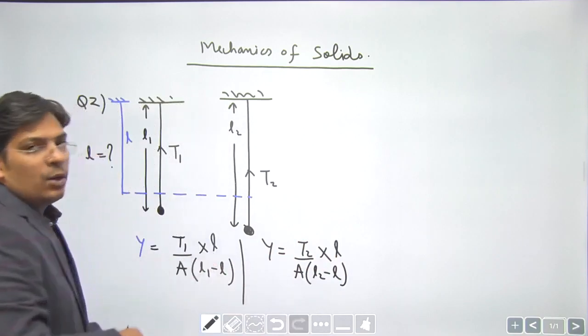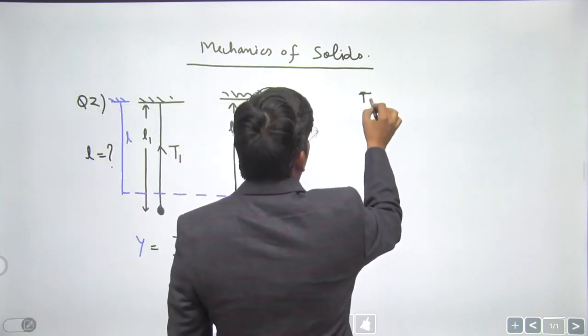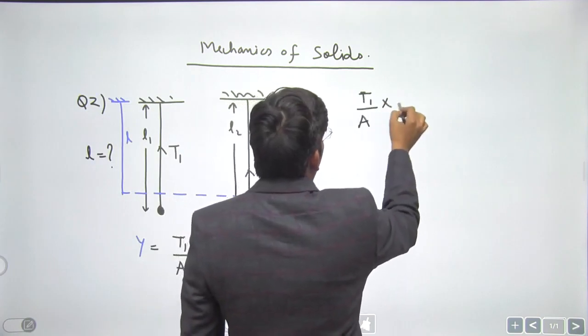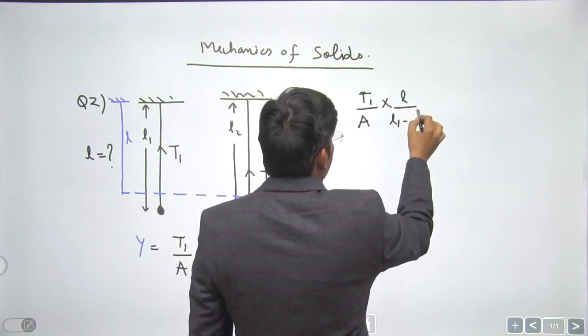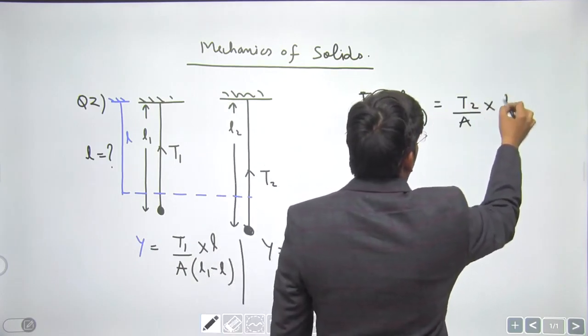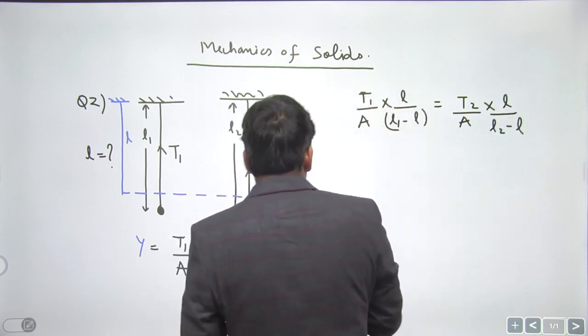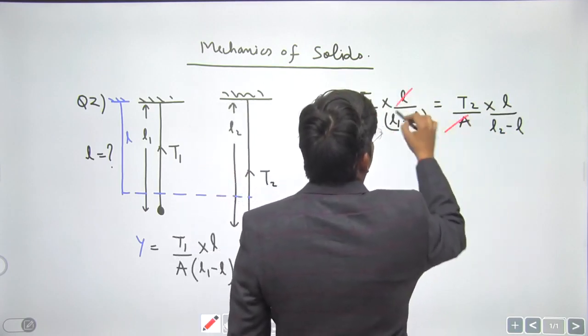You just equate the value of capital Y. T1 by area into L divided by L1 minus L is equal to T2 by area into L divided by L2 minus L, right? See, area gets cancelled, L gets cancelled.